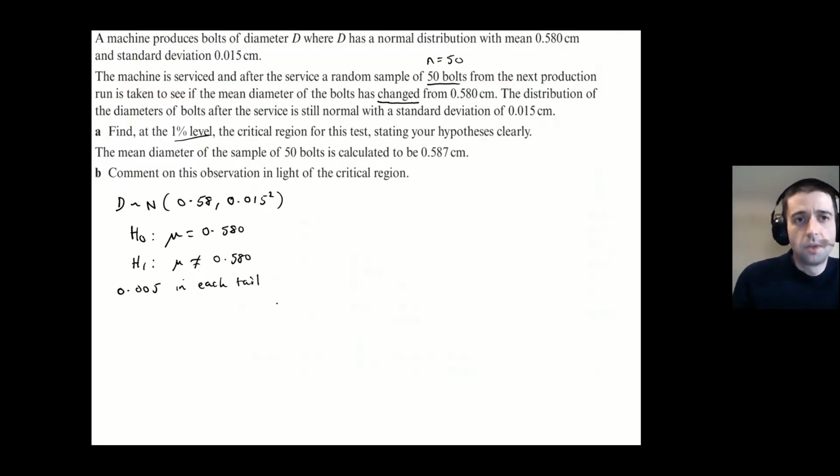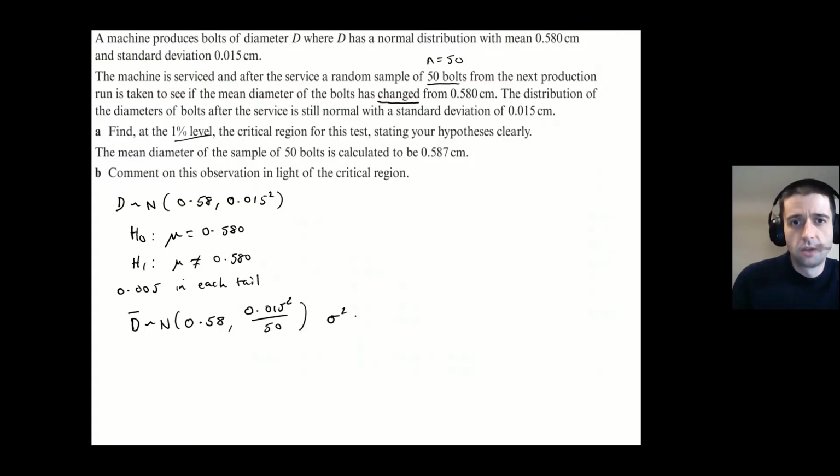Now, because we're doing a hypothesis test for a sample from a normal distribution, we're going to have to look at the sample distribution here. So D bar, the mean of D, follows a normal distribution. The mean will stay the same at 0.58, but the variance will be 0.015 squared divided by 50, because 50 is the sample size.